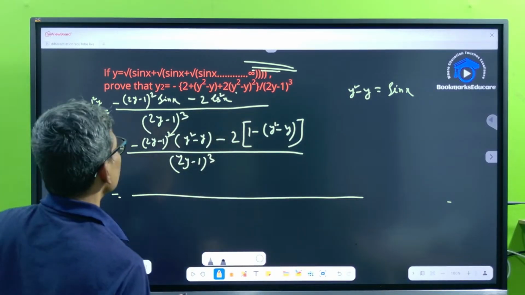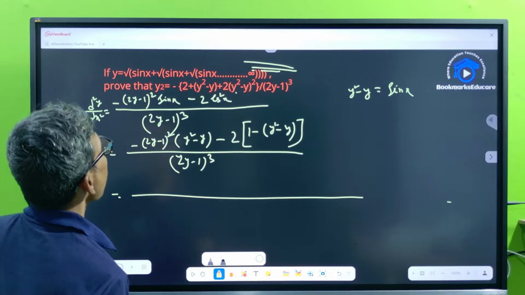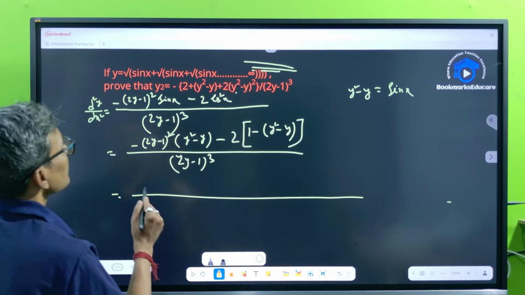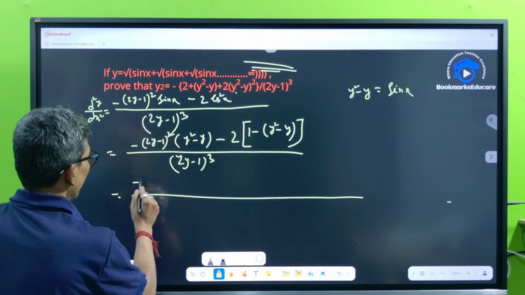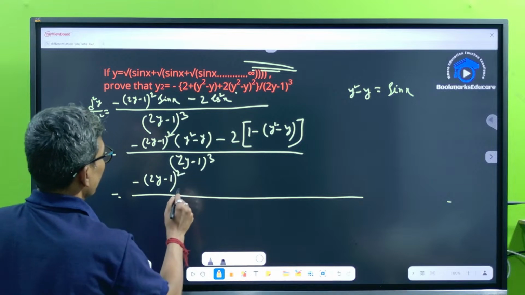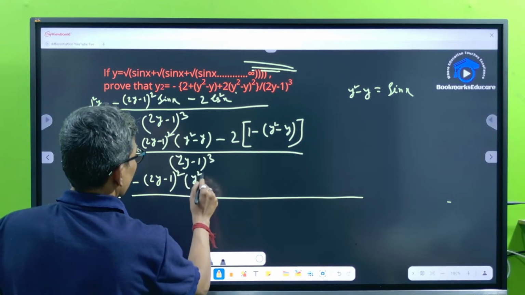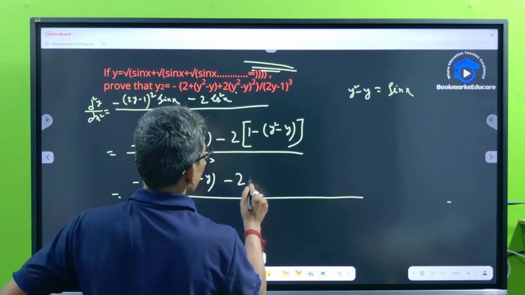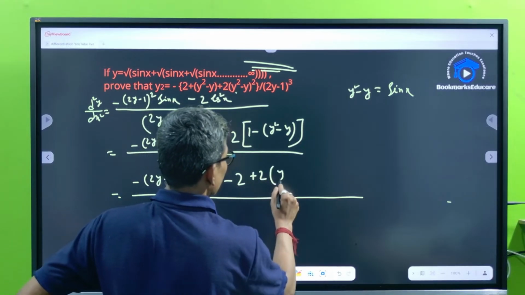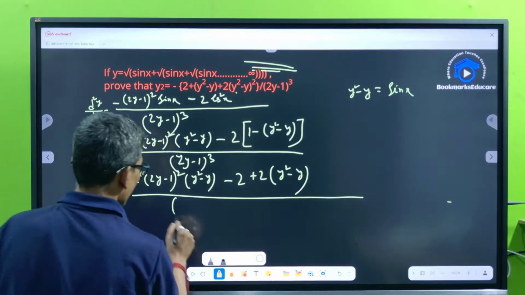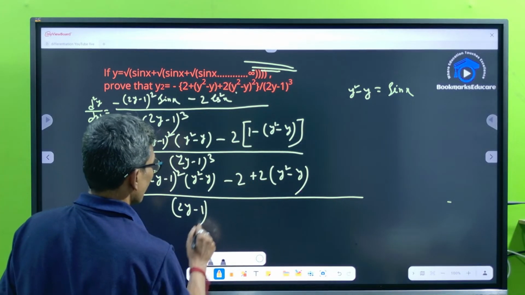So minus 2y minus 1 whole square, y square minus y minus 2 plus 2 into y square minus y. Okay. So 2y minus 1 whole cube.